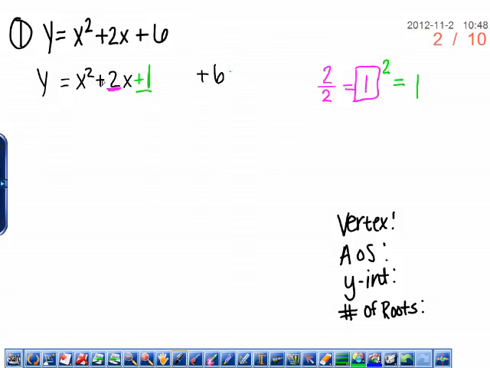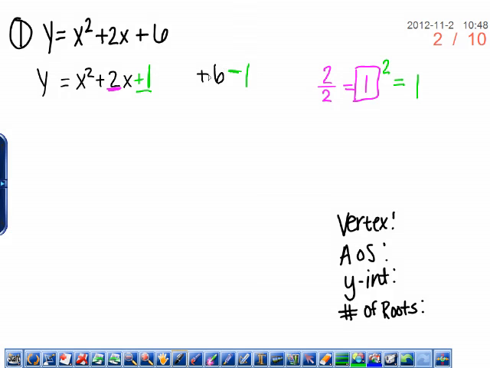I could add 1 to the other side, or could I subtract 1 on this side? Would that be the same? If I add 1 and subtract 1, haven't I essentially added 0? Okay, so I've halved it, boxed it, squared it, written it, counteracted it. That's our process. Now let's see why I did all those things.